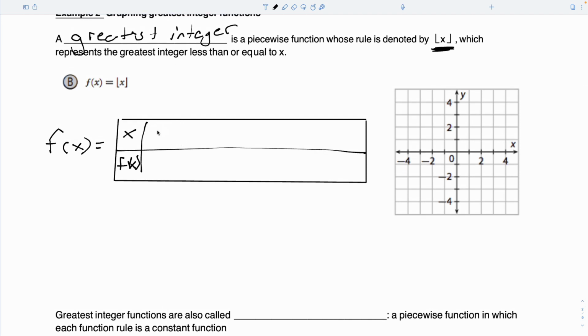You're going to basically be changing the x value depending on what it is. So let's put a -3 in for x. And remember, when you have a -3 inside of a greatest integer function, you always round which way? Always round down. Add that next to the greatest integer function. And -3 would just round down to -3. That's all you're going to put.